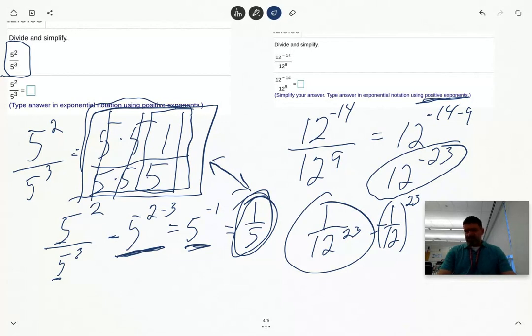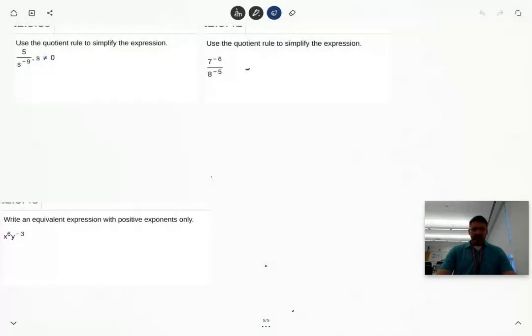All right, I'm almost done here. So 5 divided by s to the negative 9th. Oops, not 19th, 9th. And this says use the quotient rule to simplify the expression.